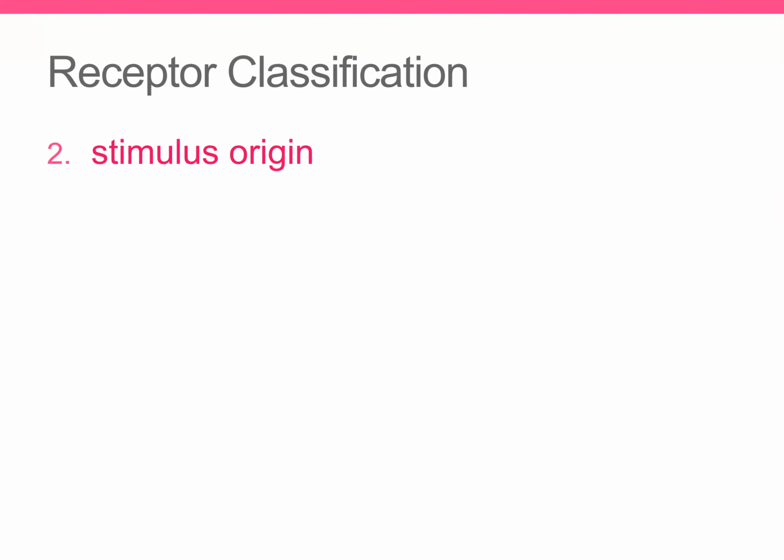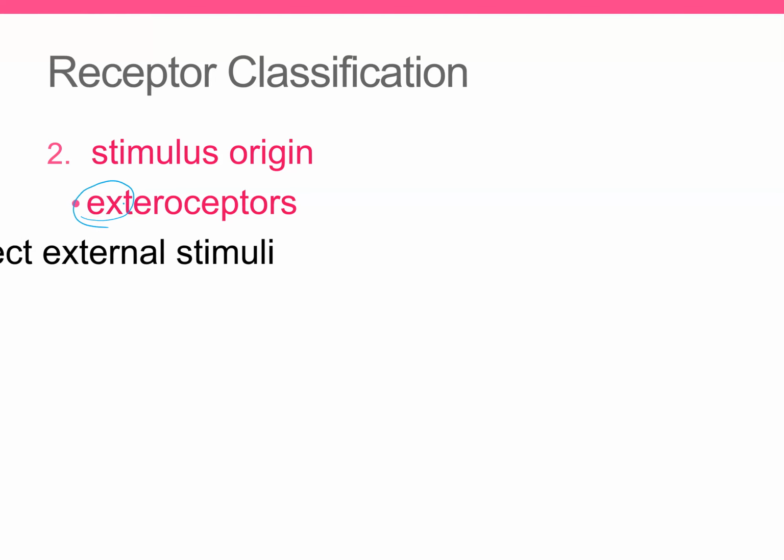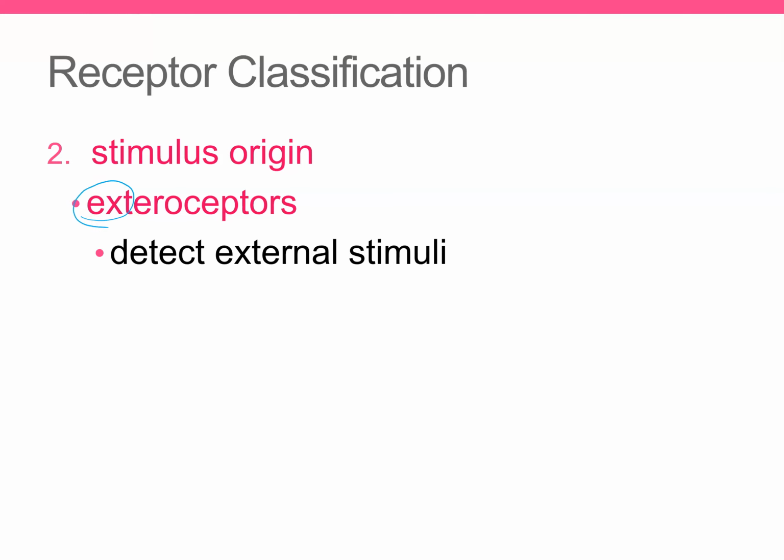All right, so the second way of classifying receptors is by the origin of the stimulus. So does that stimulus originate outside of the body or in the body, things like that. So you have three different groups here that you need to know. Exteroceptors, ext for exterior or external.